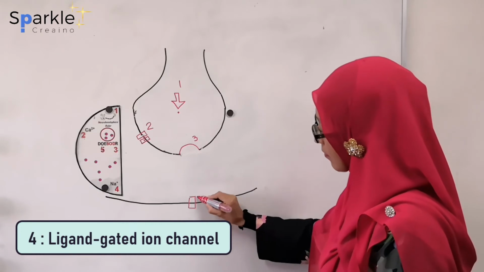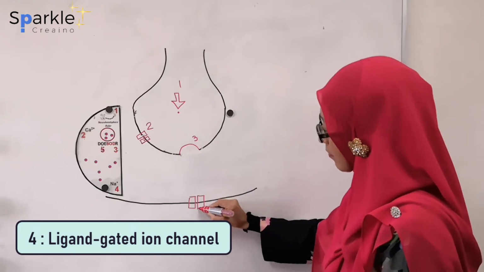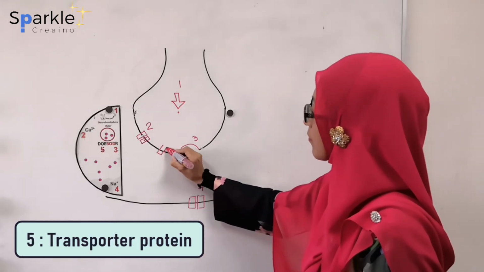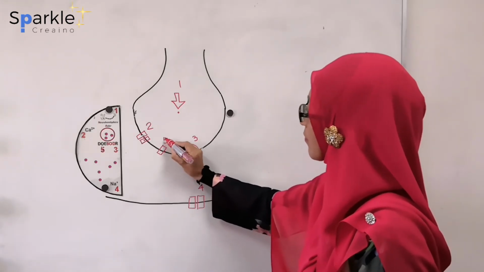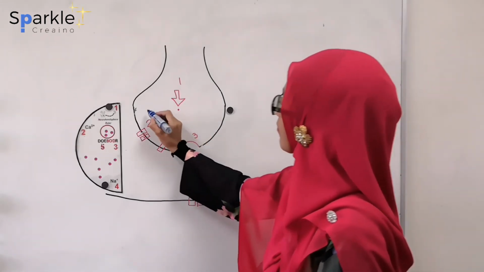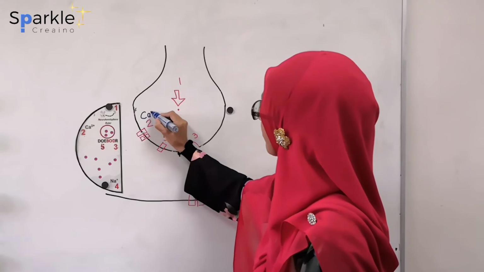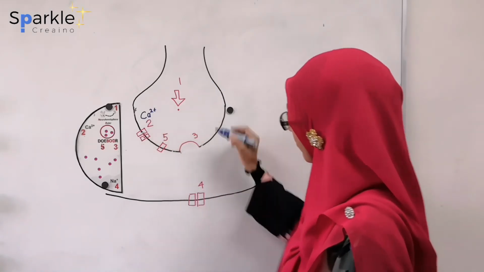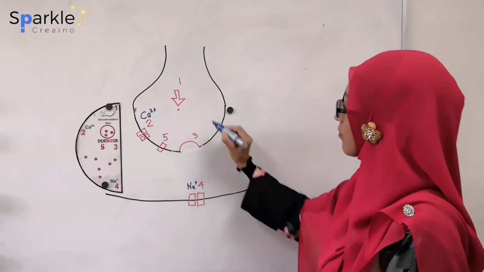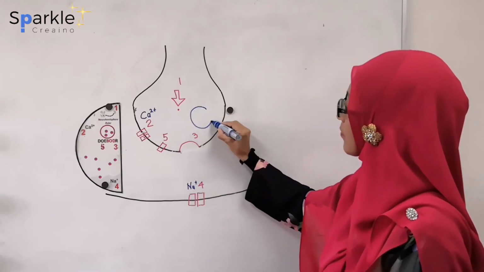Ligand-gated sodium ion channel at number 4. And transporter protein at number 5. Also write calcium ion, sodium ion, and draw a synaptic vesicle.